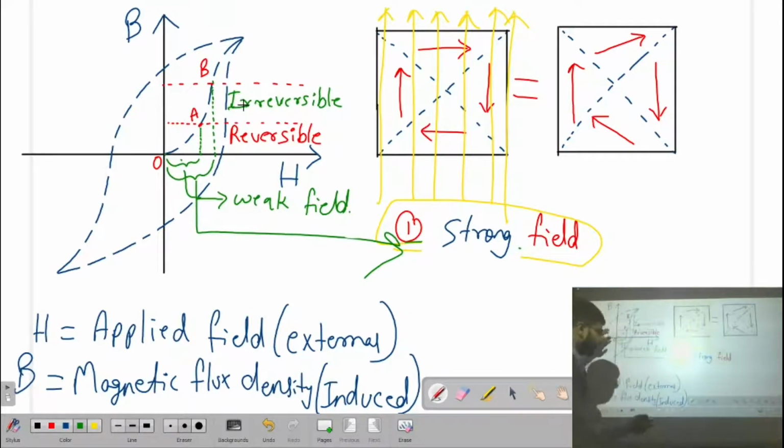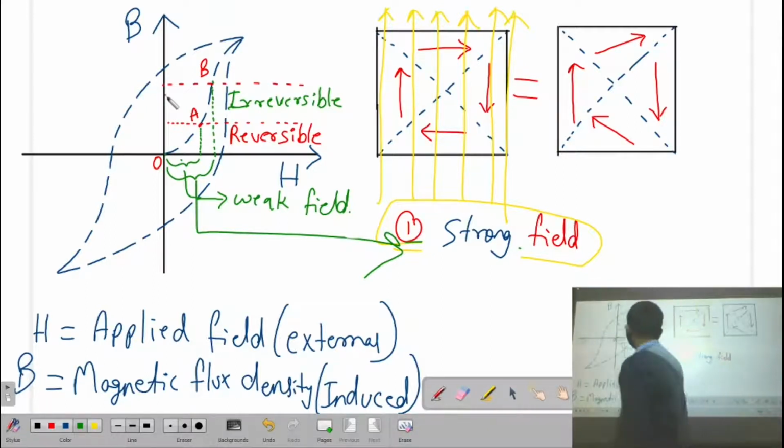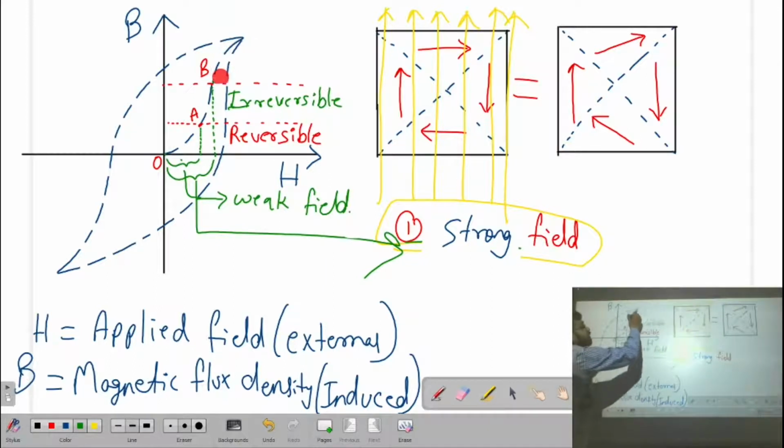It means even at this point, if you make H equal to 0, you will not get B equal to 0. There will definitely be some value of B. That is irreversible boundary magnetization.